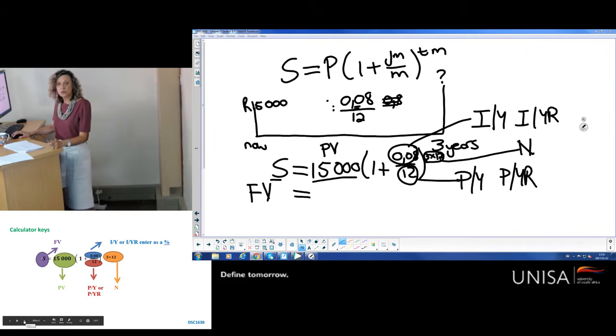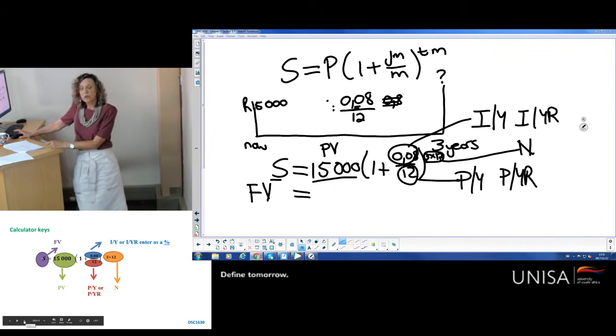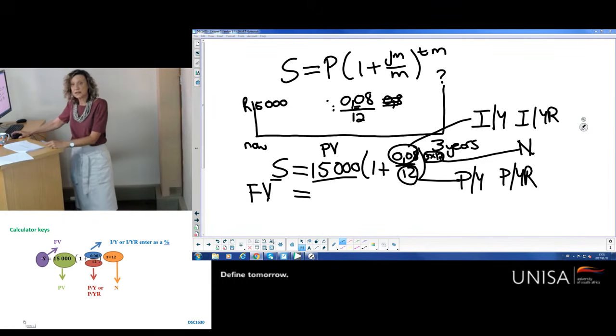Have a look at your calculator booklet, which we included in your additional resources, or look at the video on your calculator to see how to do this calculation on your calculator.